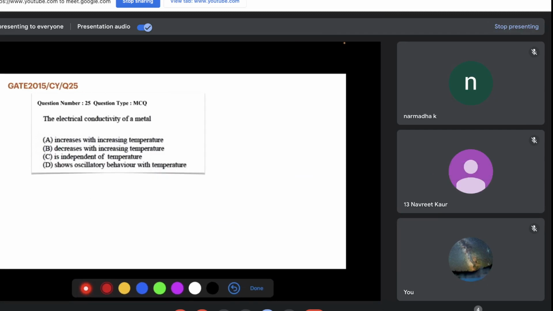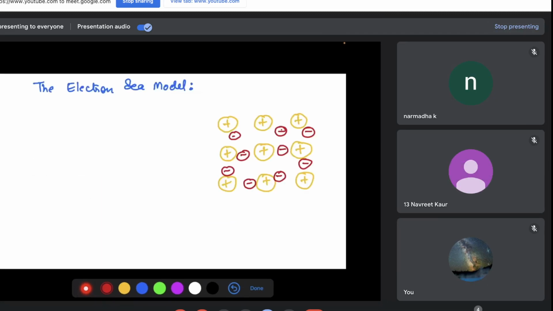Before moving to the given options, let's go through some basics. A metal is studied by the electron sea model. In this model, the cation is denoted as the positive species, and the free electrons are free to move. That is why we say the positive atomic nuclei are surrounded by a sea of delocalized electrons.